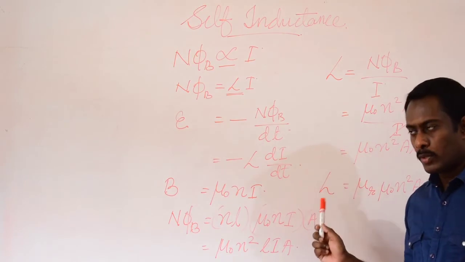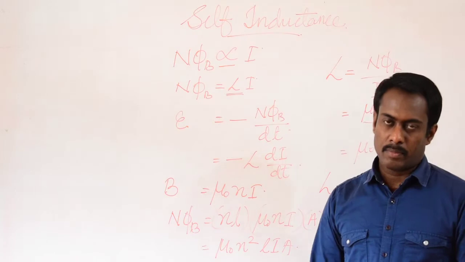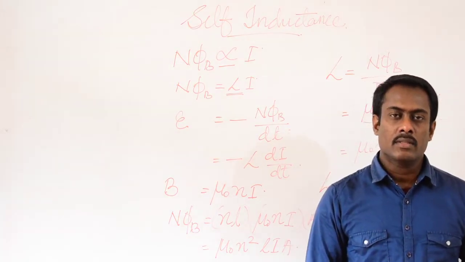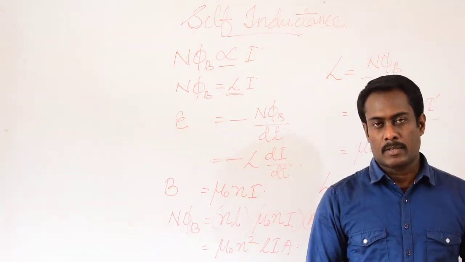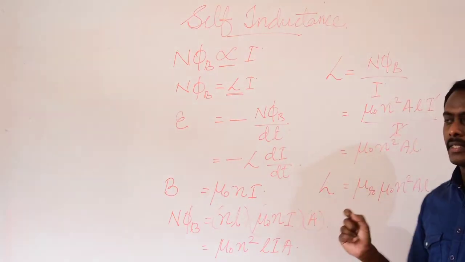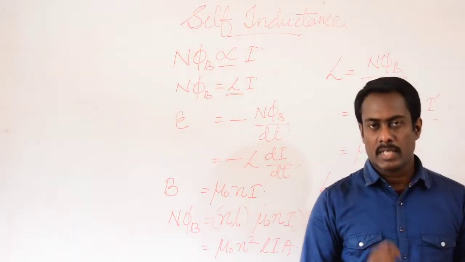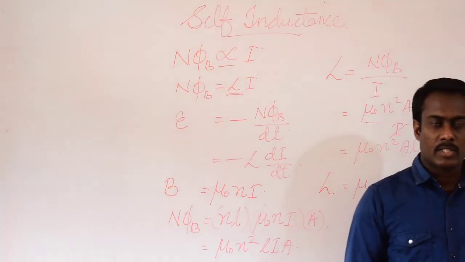Thus, the EMF produced by the self-inductance is called the back EMF. The back EMF always opposes the change in the magnetic flux or the change in the electric current. So, like inertia, work has to be done against the back EMF in establishing the current. The work done is stored as magnetic potential energy.